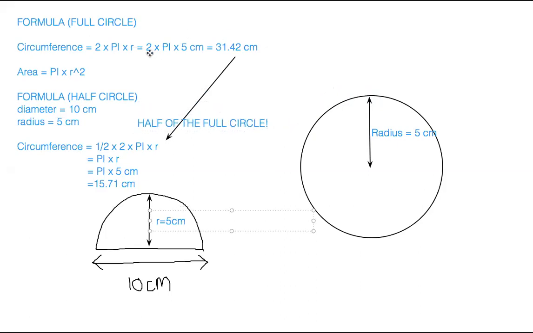Okay, do you see the circumference of the full circle is twice that of the half circle. So that's the only difference because you half the formula. So what about area? Marcus, do you think that the area of the half circle will be half the area of the full circle?